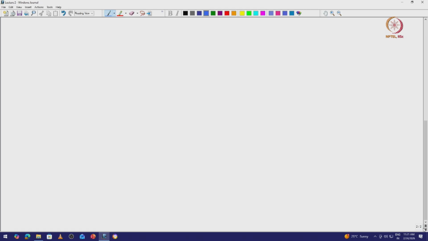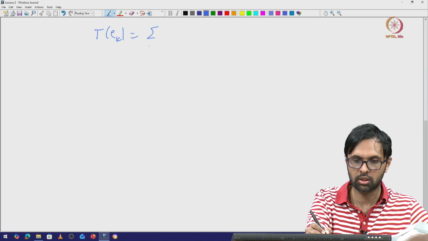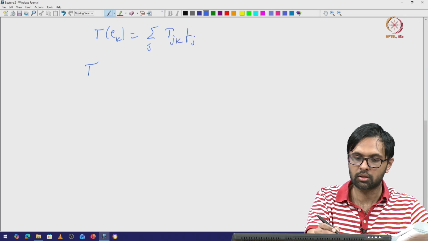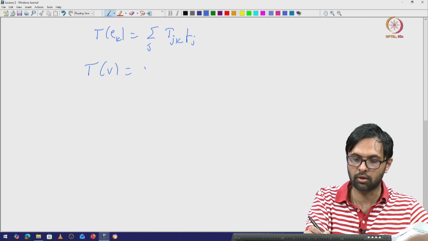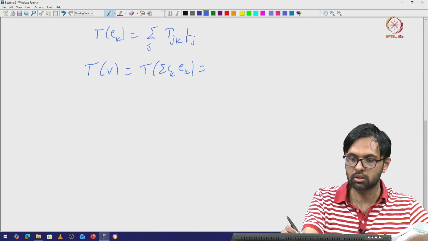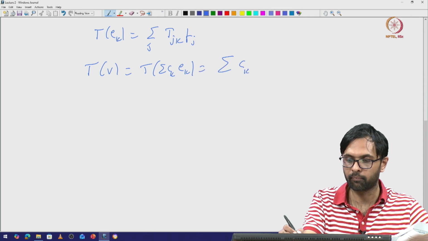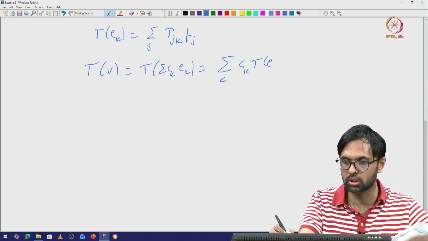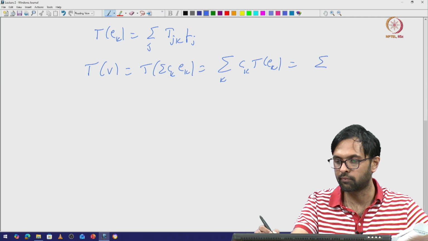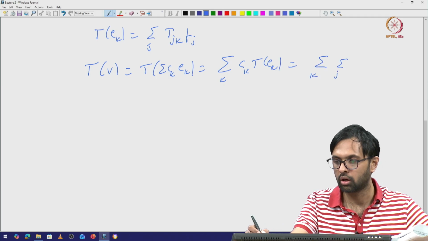So once again, suppose T of e_k is sum over j of T_jk f_j. Then T of v, which is T of sum of c_k e_k, equals sum over k of c_k T of e_k, which is sum over k, sum over j of T_jk c_k f_j.